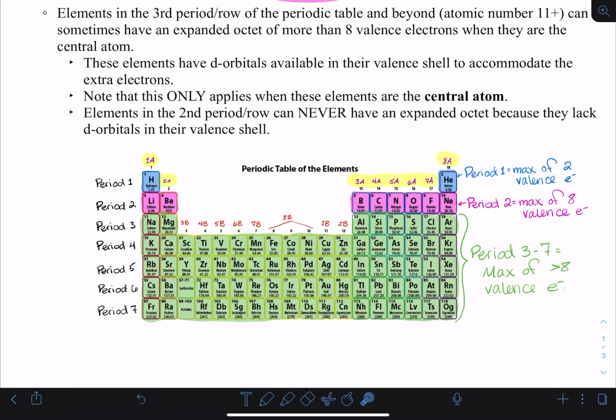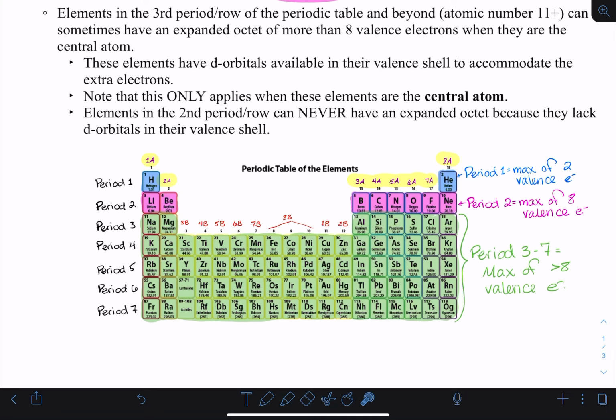So any element in row 3 through 7 of our periodic table is capable of having more than 8 valence electrons if needed when it's a central atom. Note that this is only for when your element is the central atom.